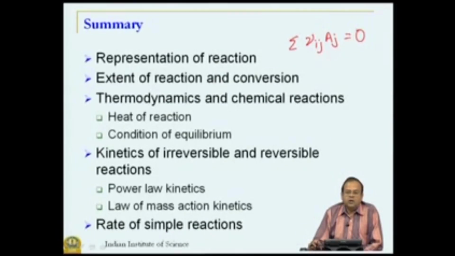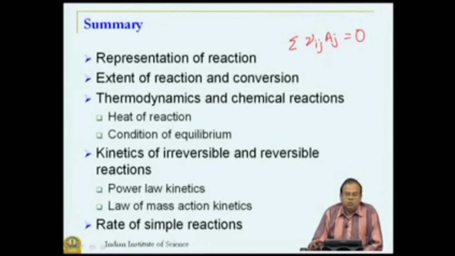And the idea here is that we can now denote whether the species is a reactant or product by looking at the sign of this stoichiometric coefficient. If it is negative, then we say that it is a reactant. If it is positive, then we say that it is a product.